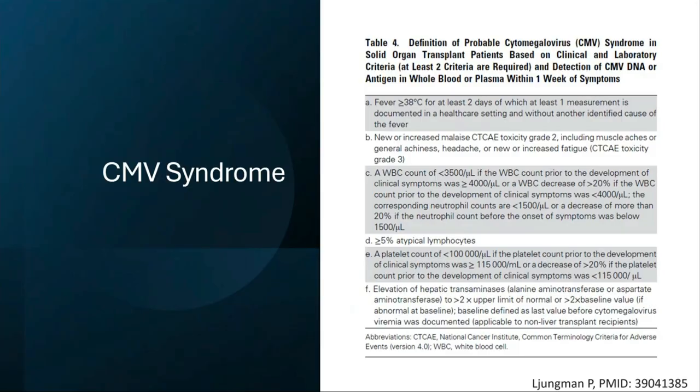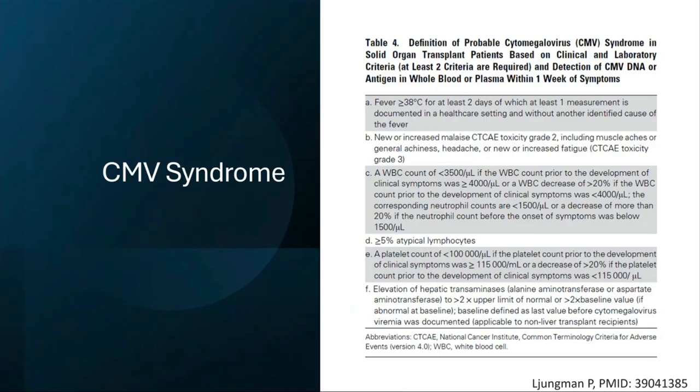First, about CMV syndrome. Here is a table that gives you in detail what goes into CMV syndrome. You have at least two of the following. Fevers, chills, or any other signs of toxicity attributable to CMV reactivation, such as muscle aches, generalized aches, headaches, essentially the symptoms you would have with a viral infection.